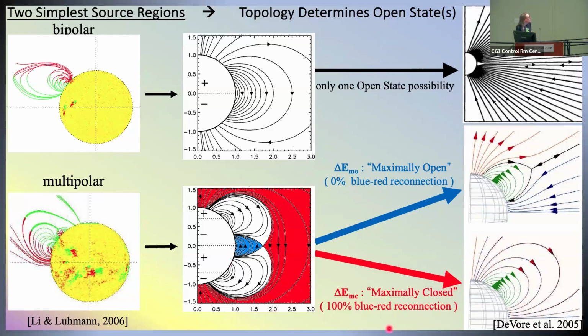So I've got another open state, which I'm calling maximally closed. Why? Because I've moved almost all of the blue and all of the red flux into this green system. So now I've got basically a dipole on this upper half with like one single open field line at the equator. And then of course there's going to be another closed field dipole kind of down at the bottom.